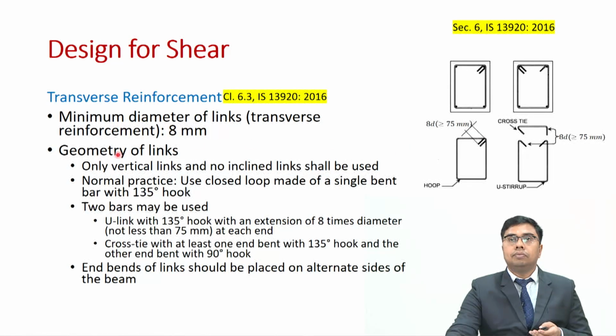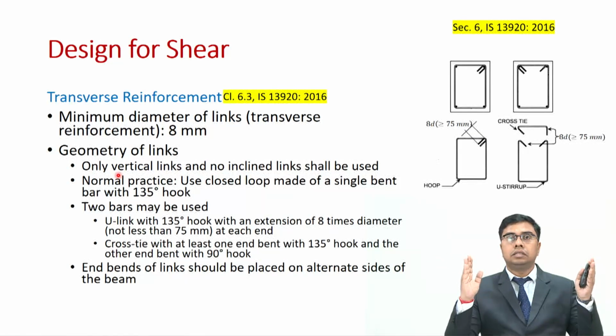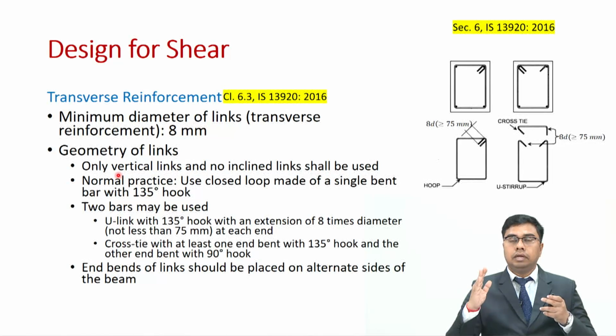Further, looking into the geometry of these links, we will be providing only vertical links. We will not be providing any inclined links. Why? Because in case of earthquakes, when there is shaking, load reversal can take place, and if there is a load reversal, inclined stirrups which were very good at some point of time will be totally ineffective when the load is reversed.